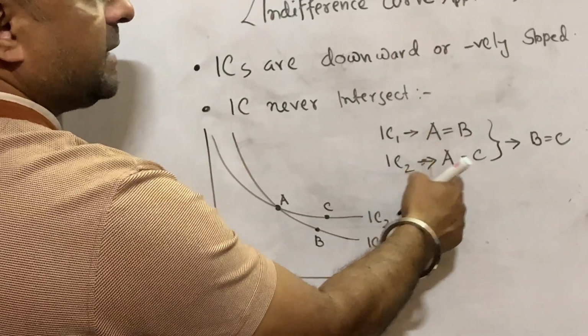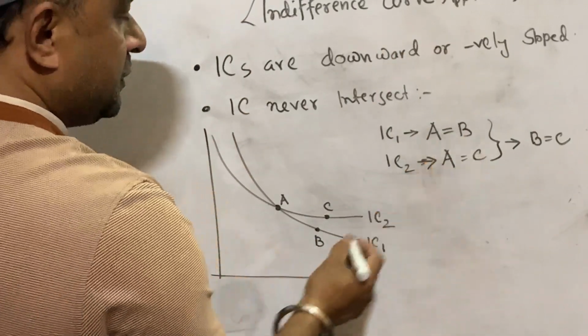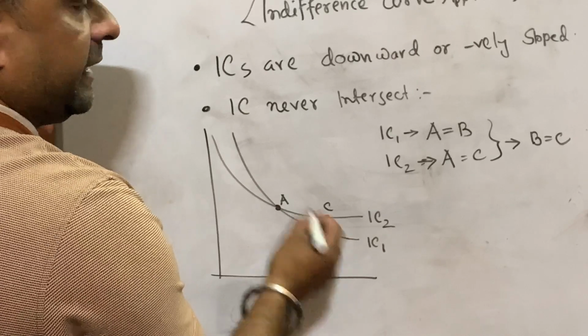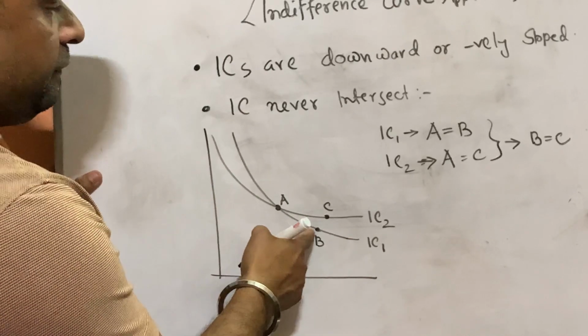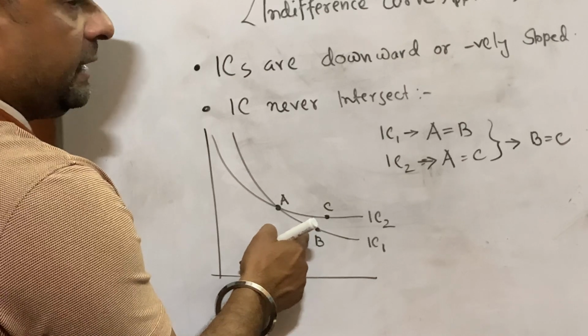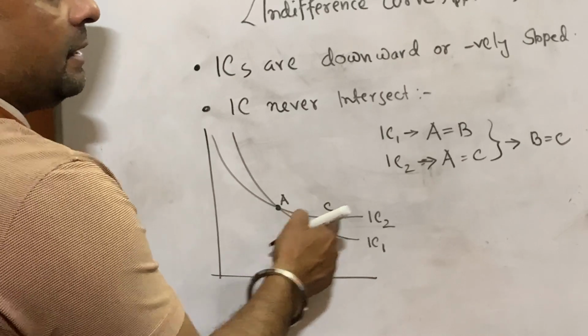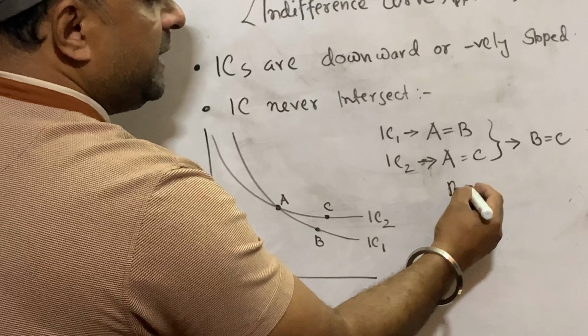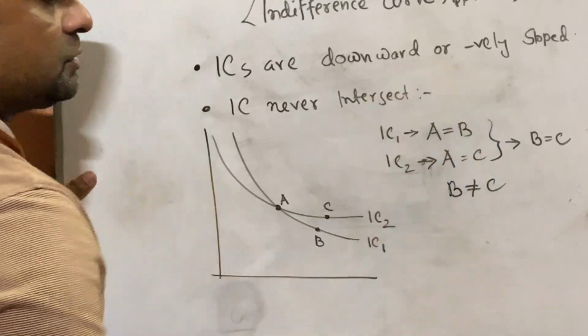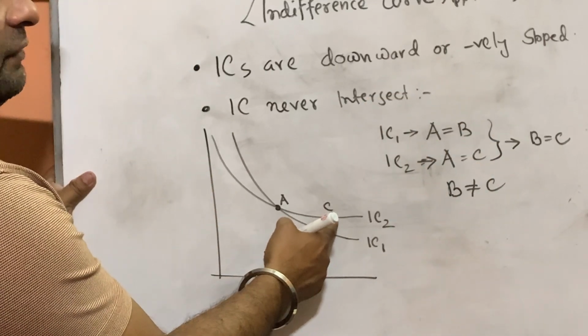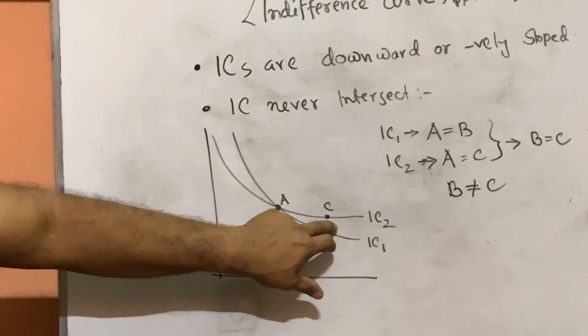A equal to B, A is equal to C, means B is equal to C. These two points are the same. Means whatever satisfaction we are getting in B, same we will get in C. But is it possible? No. B can never be equal to C because of why? C lies on a different indifference curve. Means different level of satisfaction.